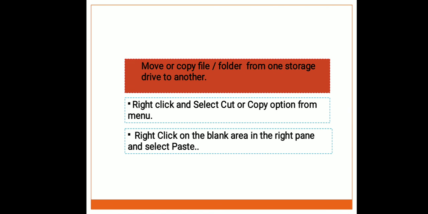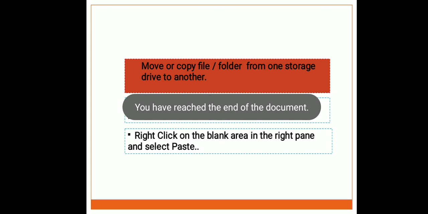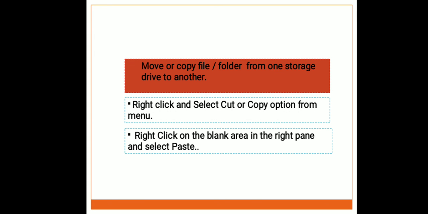First of all, select the folder, right click, copy, go to the desired location where you want to paste, then right click and paste. This way you can copy or paste the data.